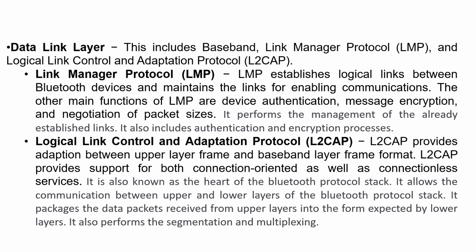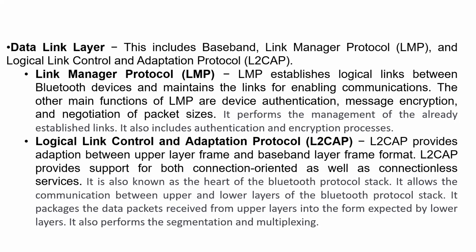It is a very important layer, and it allows communication between the upper and lower levels of the Bluetooth protocol stack. So it acts as an interface between the upper layers and lower layers.